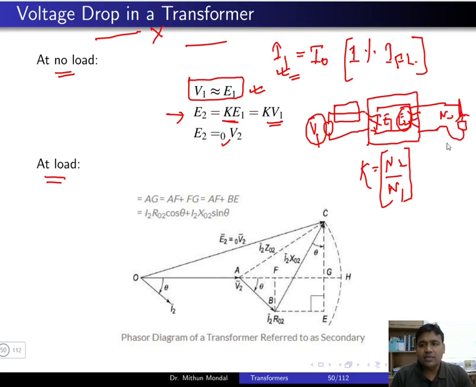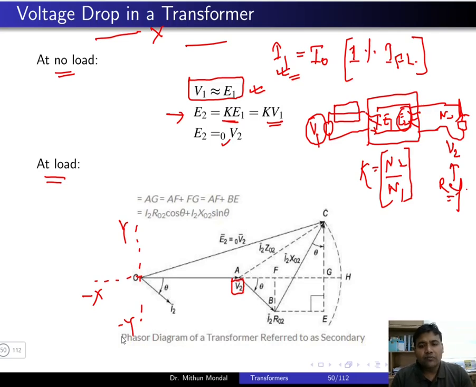If I take V2, the voltage across the load, as the reference quantity, then we can take V2 here at 0 degree of your axis. So here you can draw the axis. This side is your minus X and this is Y. This is minus Y, right?